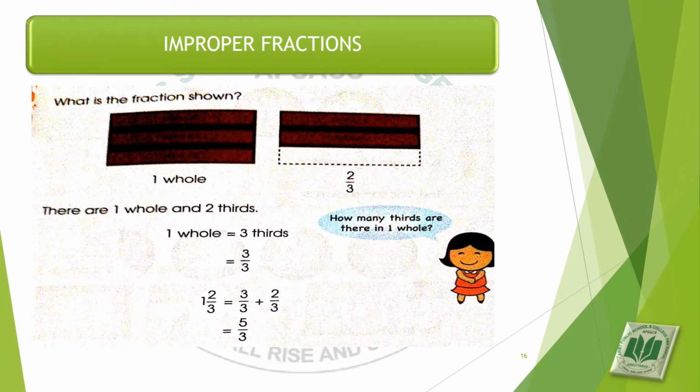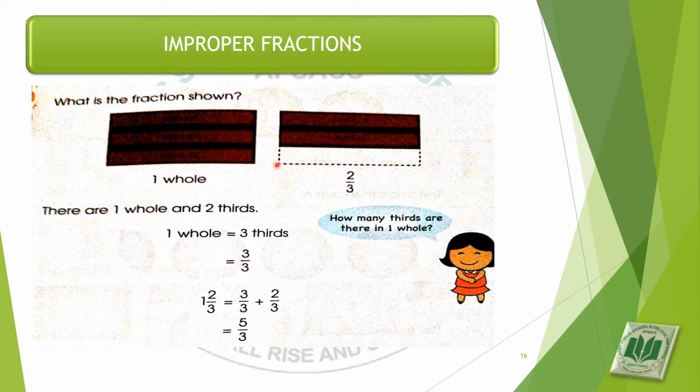Now, what is the fraction in the given example? You can see here we have 1 whole and 2/3. We have divided this whole into 3 equal parts. Out of these 3 equal parts, 2 parts are shaded.